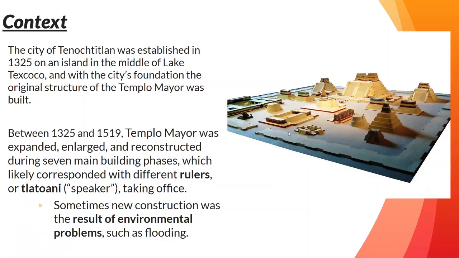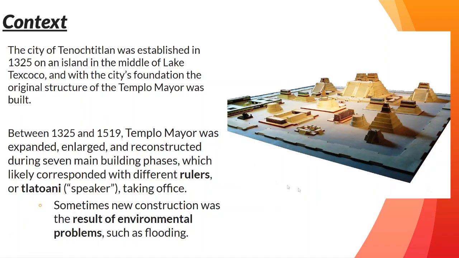The temple gets expanded, enlarged, reconstructed, lots of building phases, almost like most of our architecture pieces that are temples have periods of reconstruction, rebuilding, and additions added. So no different, even different locations. And these building phases would have matched the different rulers of the Aztec Empire, or the Tlatoani, which are the speakers taking office, would also be part of this building plan.